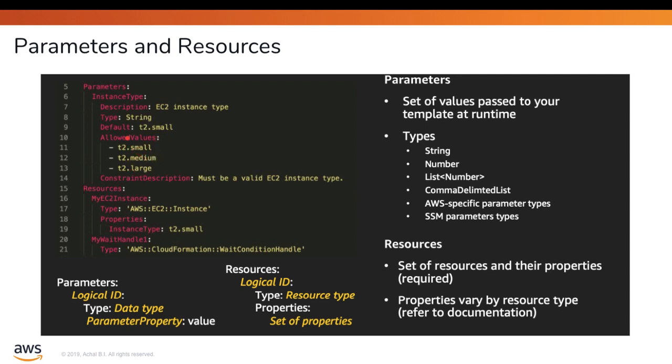When you add allowed values, the user who is creating the stack, if you are in the management console, would get a drop down to select only from these three options. Or if you are in the CLI, you would get one, two, three options to select.